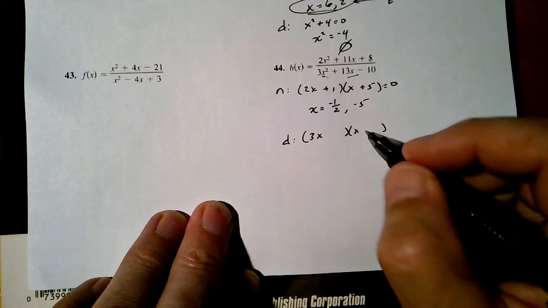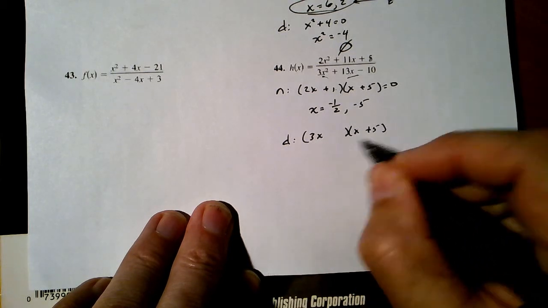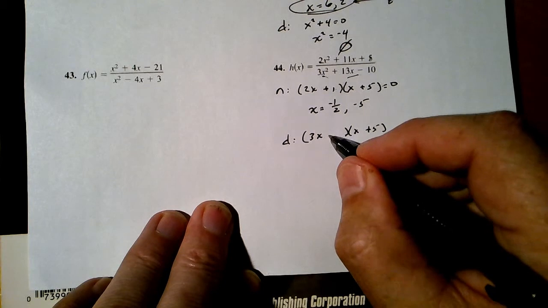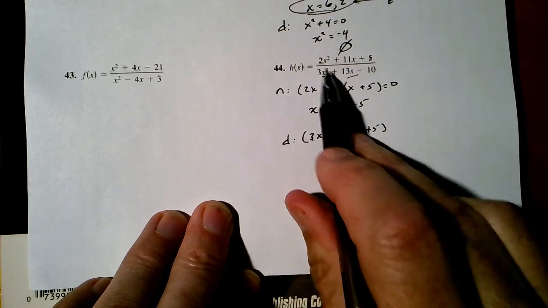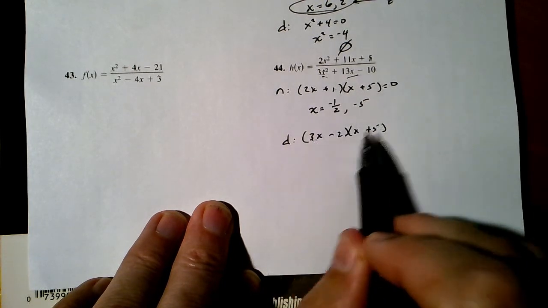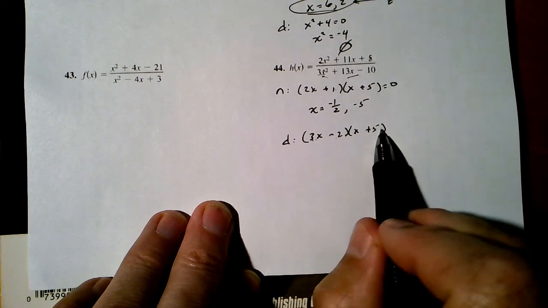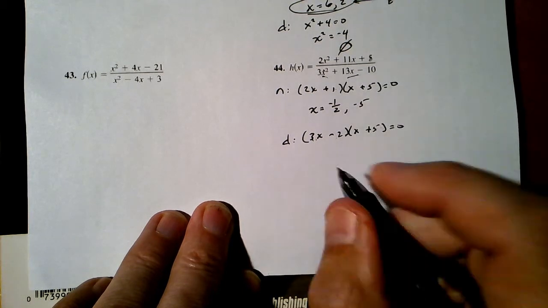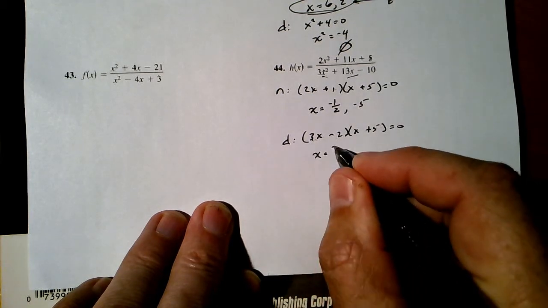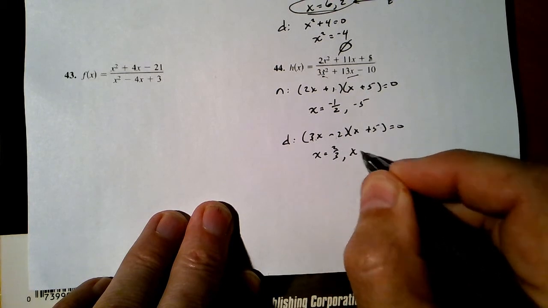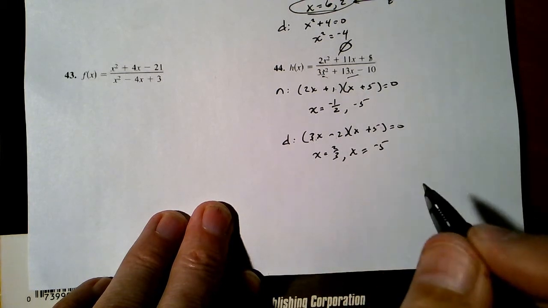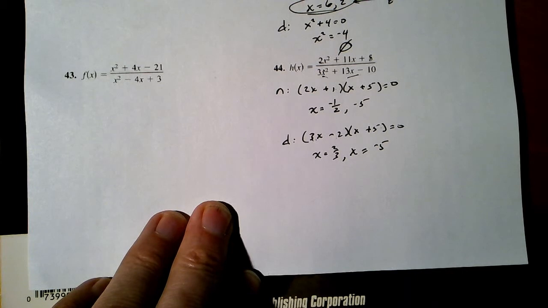So I can get a positive 15 right here and a minus 2 right there. 3x squared plus 15x minus 2x minus 10. So x equals 2/3, x equals negative 5.